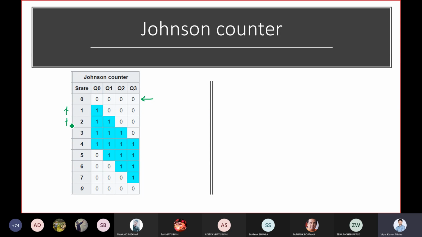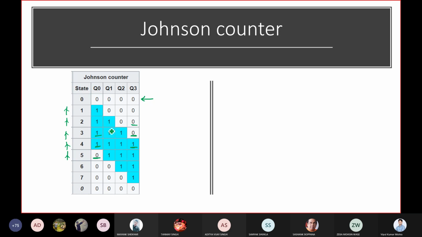In the next rising edge, this 1 will propagate further and again this will receive another 1. Then on another rising edge, this 1 will propagate further and this again receives the 1. On another rising edge, this one will receive 1 and these ones will propagate. Then in the next one, here you are receiving, so you can compare this.